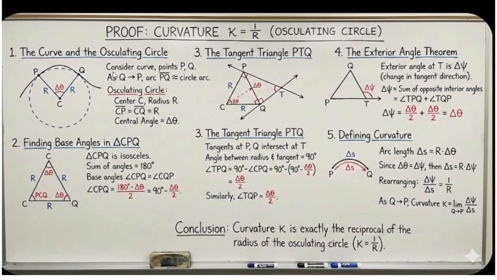We know that whenever we draw tangents at P and Q, these are the radii of the osculating circle, and the angle between the radius and tangent is 90 degrees. So this angle is 90 minus delta theta by 2, and the entire angle is 90 degrees, so the remaining angle becomes delta theta by 2, and this angle is also delta theta by 2, because again angles TPQ and TQP both become delta theta by 2.